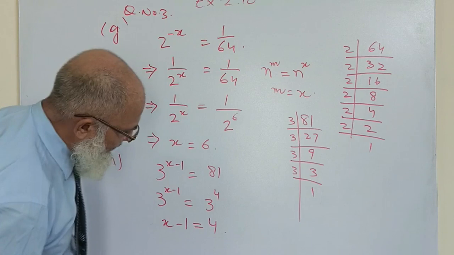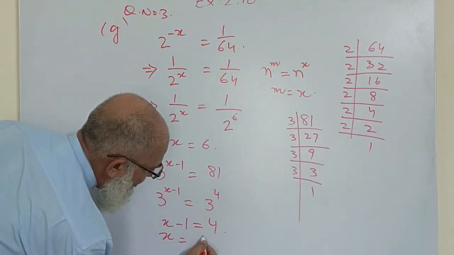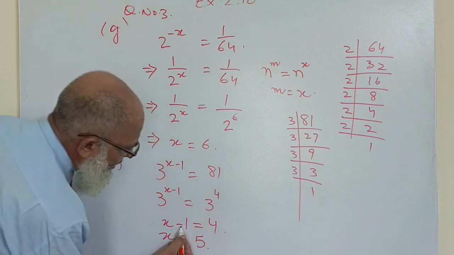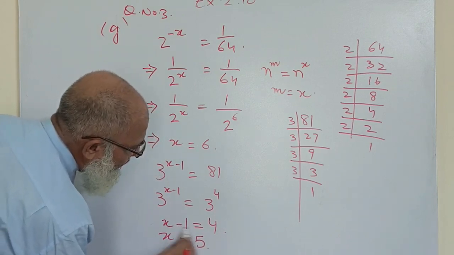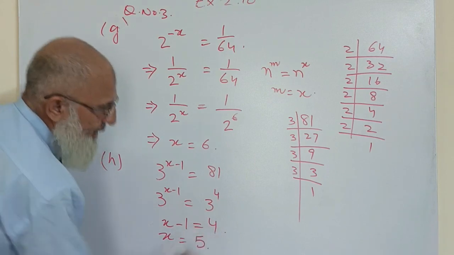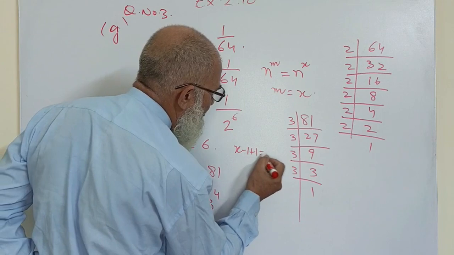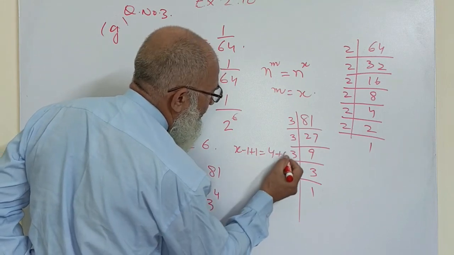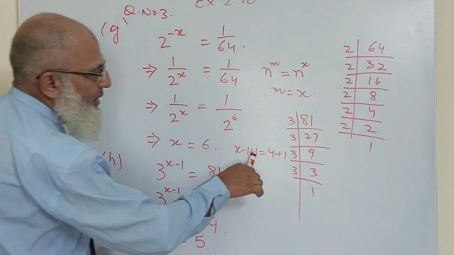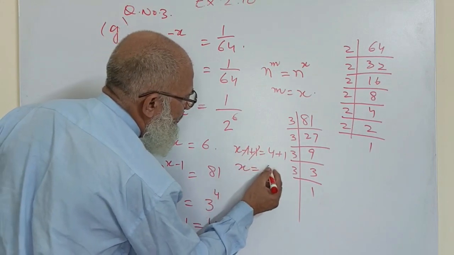It will become x is equal to 5, because this 1 will be eliminated from here like in our previous question, and it will be added over here. X minus 1 plus 1 is equal to 4 plus 1. Adding 1 on both sides, now this will be cancelled. X is equal to 5.